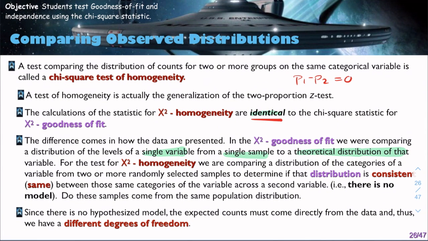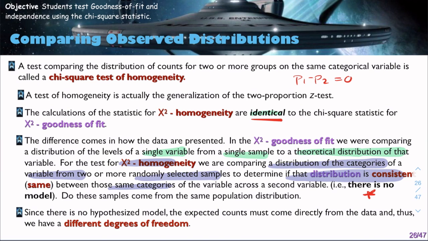For a chi-squared test of homogeneity, we're comparing a distribution of categories of a variable from two or more randomly selected samples. We're trying to determine if that distribution is consistent between those same categories of the variable across a second variable. Note, there's no model here.